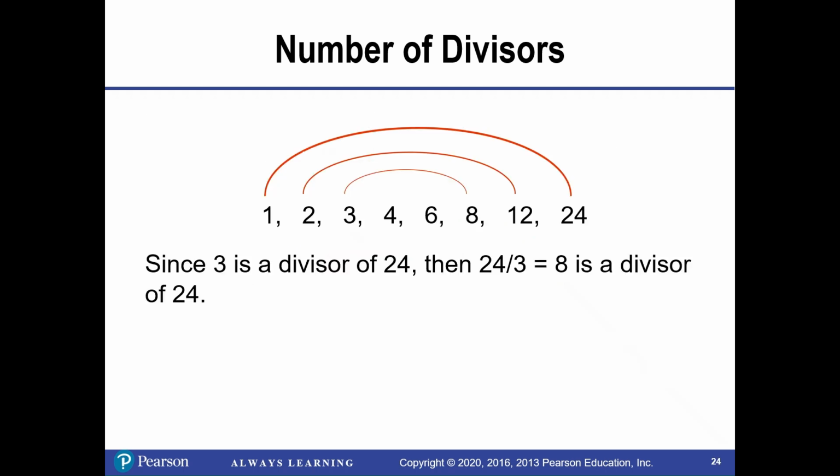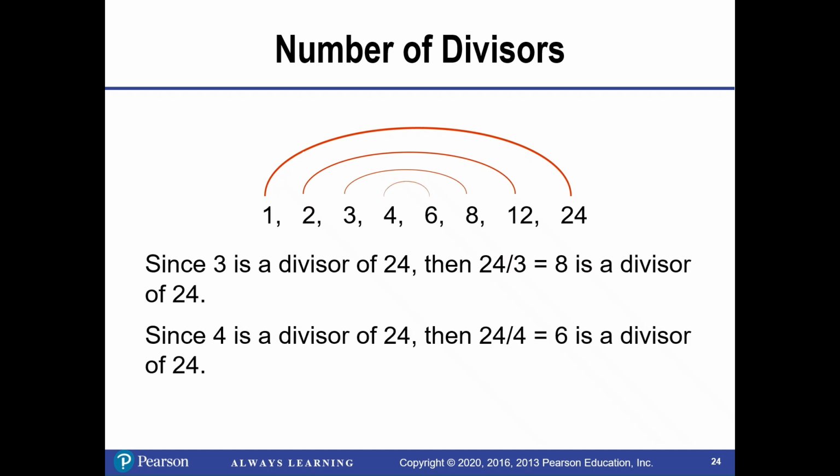Since 3 divides 24, when we divide 24 by 3, 8 is also a divisor of 24. We can also think because 3 times 8 is 24. And lastly, because 4 is a divisor of 24, then 24 divided by 4, or 6, is also a divisor of 24.